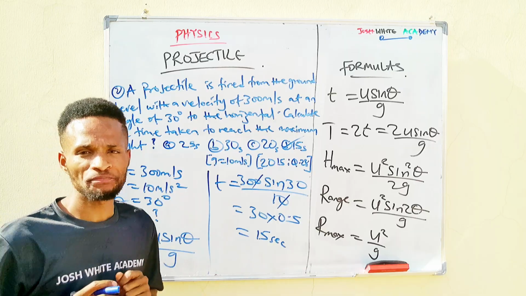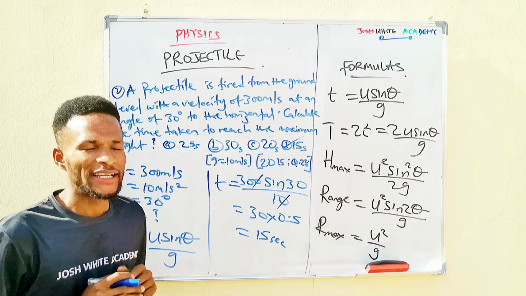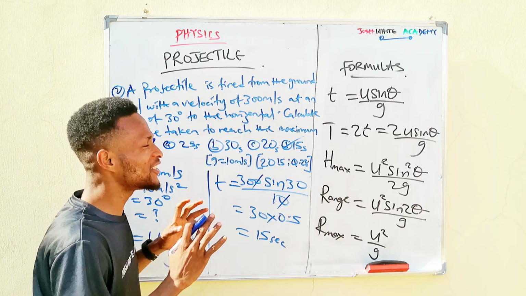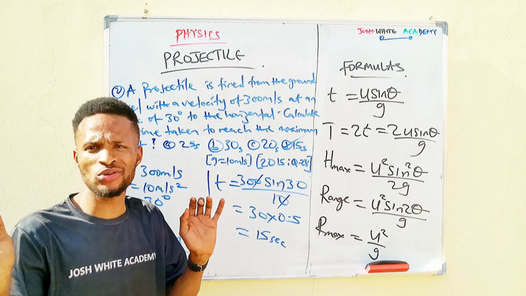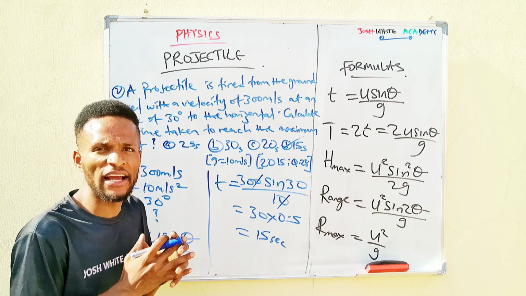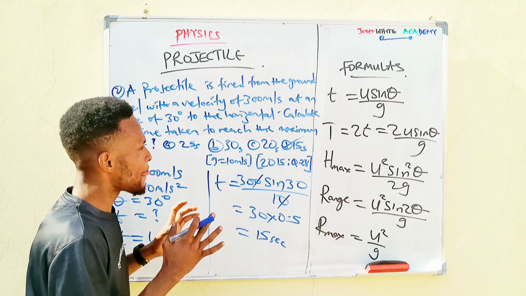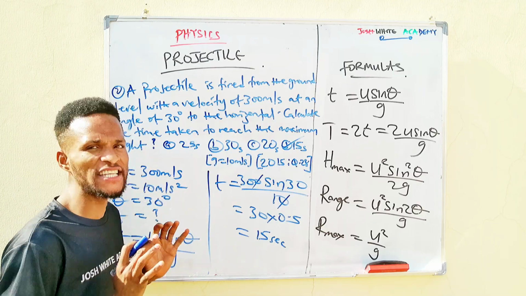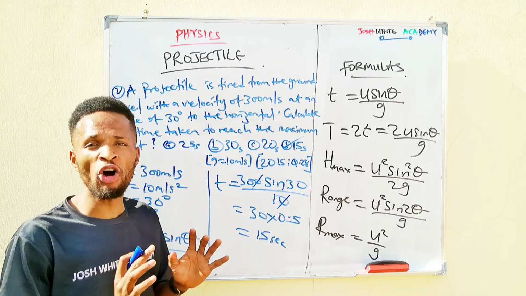So please take note, for JAMB, in the calculator setup, there is nothing like sine, cos, and that's the reason why most times JAMB restrict themselves to important, or I call them special angles, like 30, 60 or 45.